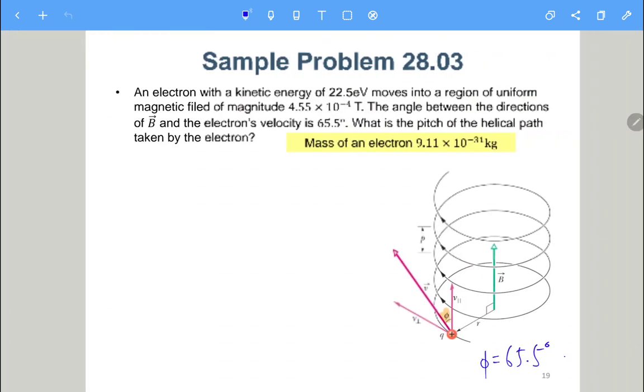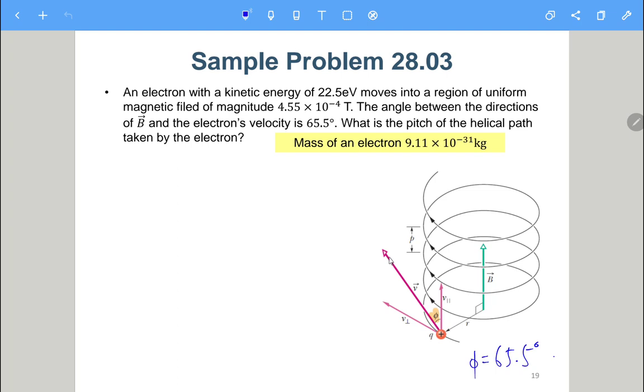So we need to decompose V into two directions. One component is perpendicular to the B field, and the other component is parallel to the B field. So we decompose it in two ways.